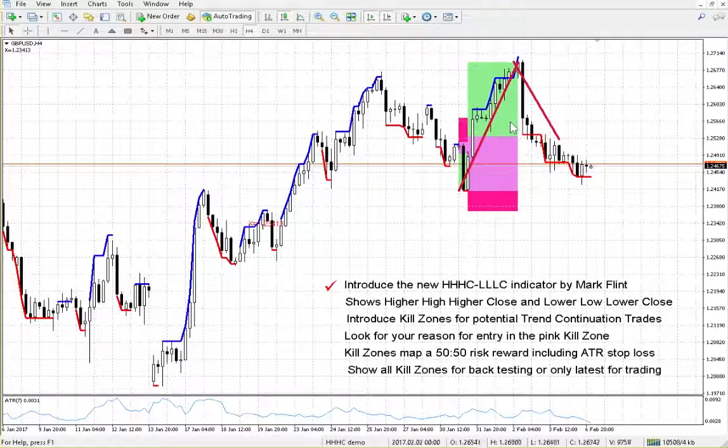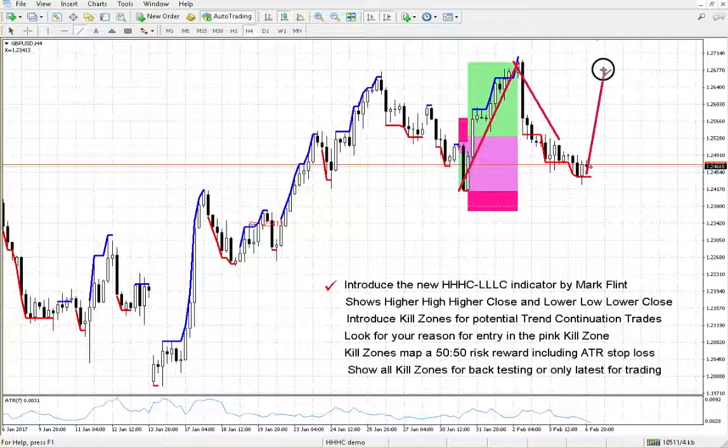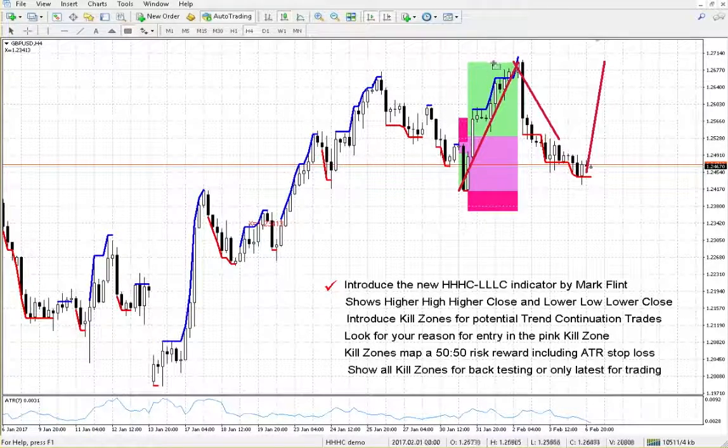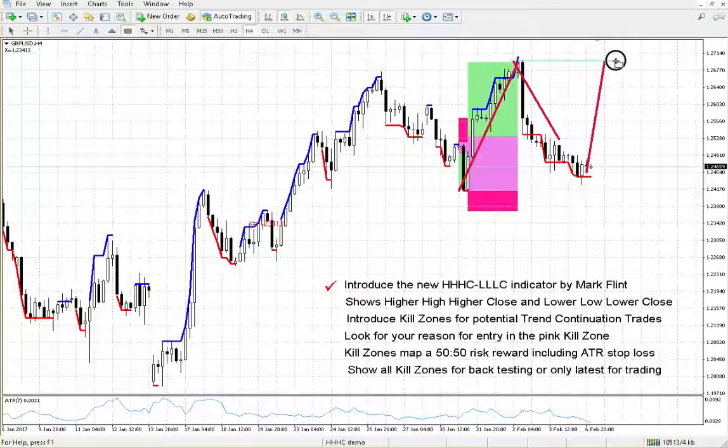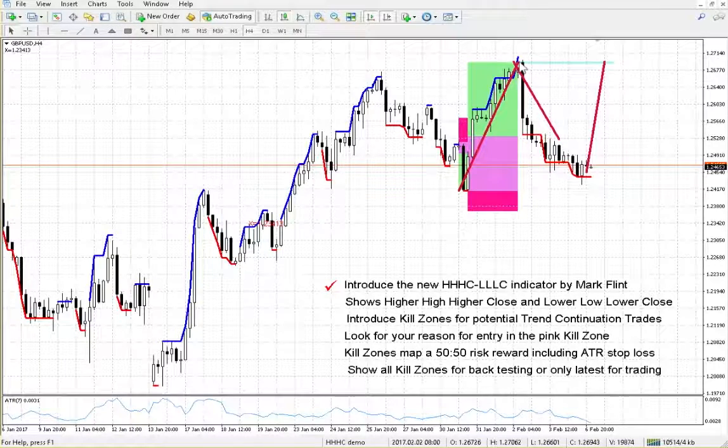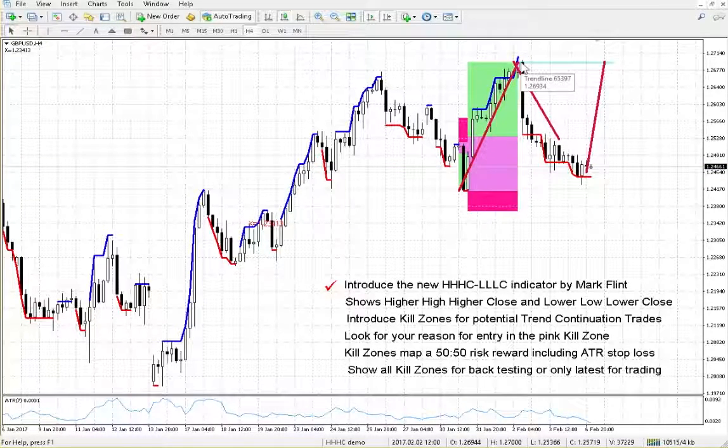In simple terms, you're looking for a valid reason to enter a trade where price action has pulled back into the pink zone, and you're looking to set your targets equal to the top of the green. The top of the green is where you have tested the previous candle closes. We're not necessarily trying to reach the peak of the wick, just the body of the candle.